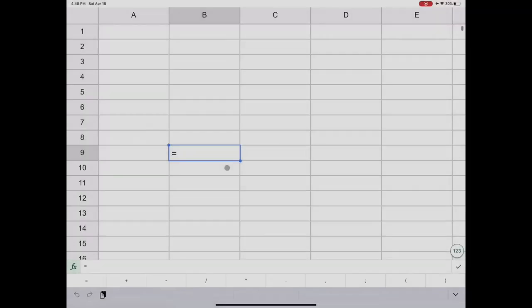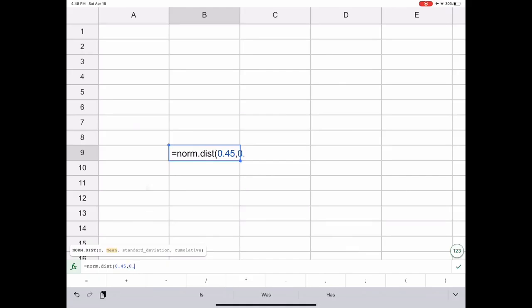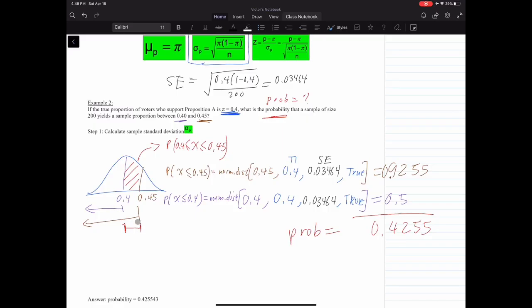Equal norm.dist, open bracket: x is 0.45, comma, mean is your population proportion, 0.4, comma, standard error 0.03464, comma, true, then close the bracket. You get 0.9255, which is the probability of x to the left of 0.45. From a diagram perspective, there are 92% to the left of x equals 0.45.